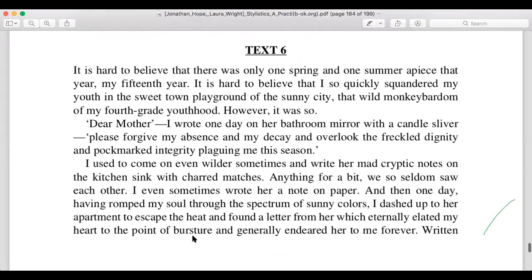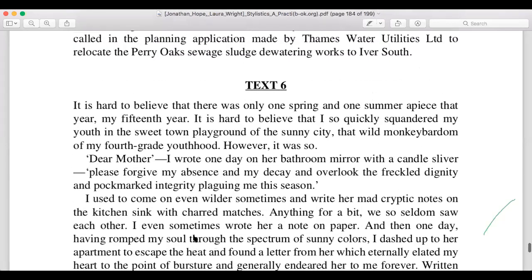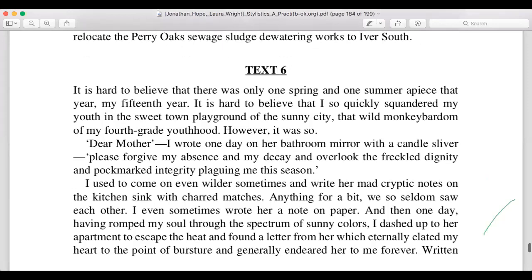So let's come to text 6, and we are going to do the same with text 6 as well. Just hold on for a while.